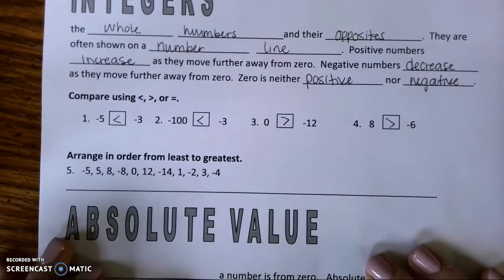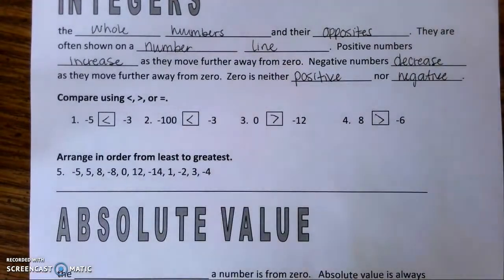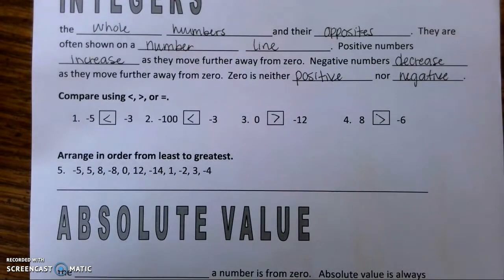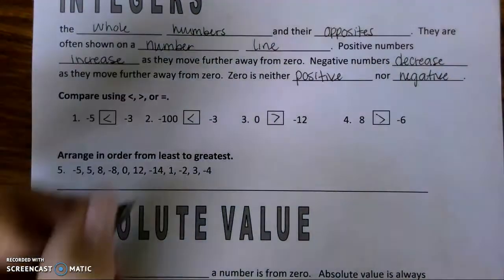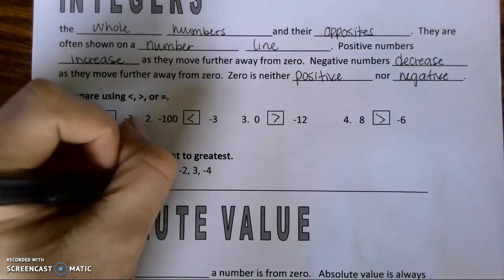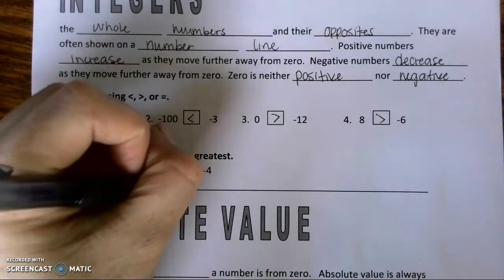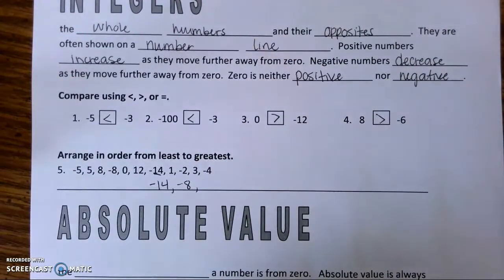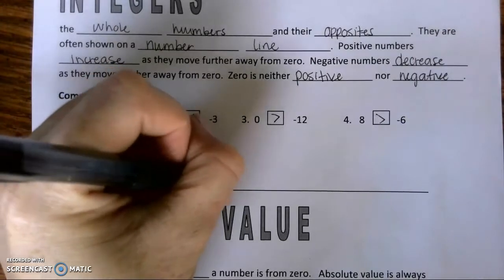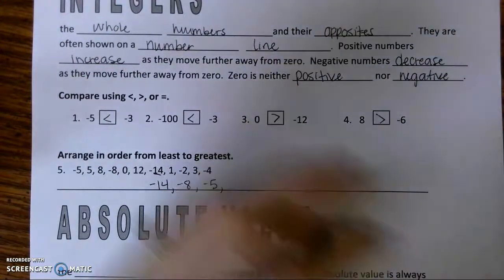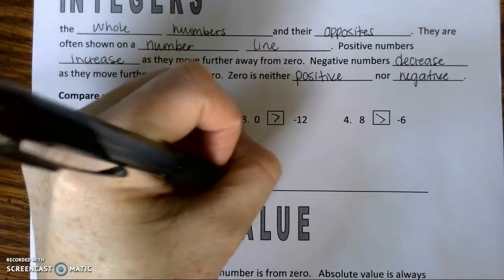Alright, and number 5, we are putting them in order from least to greatest. So once again, think of that number line. The number that is furthest to the left would be negative 14. Then we would have negative 8. Then negative 5. Then negative 4.